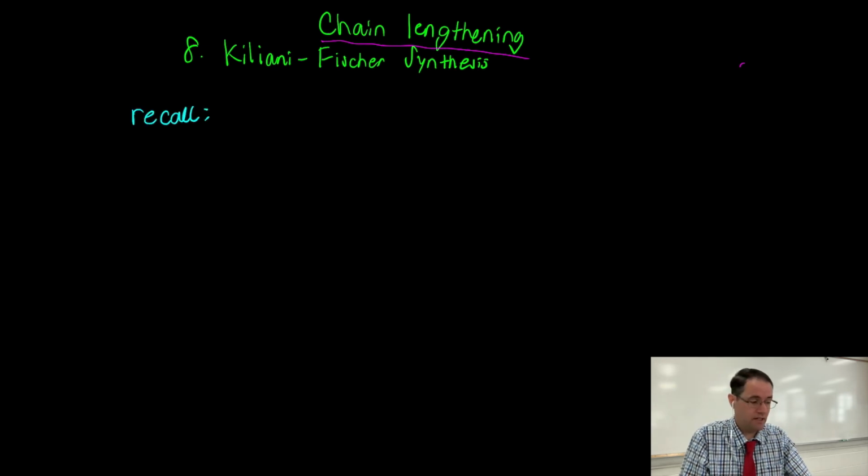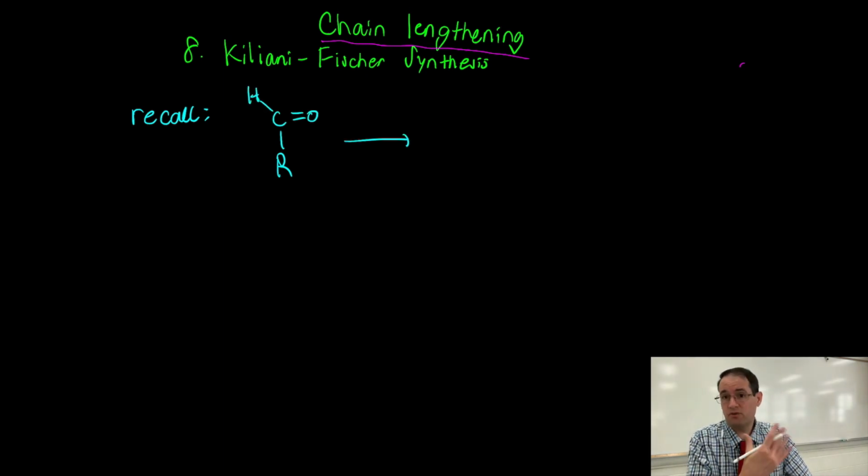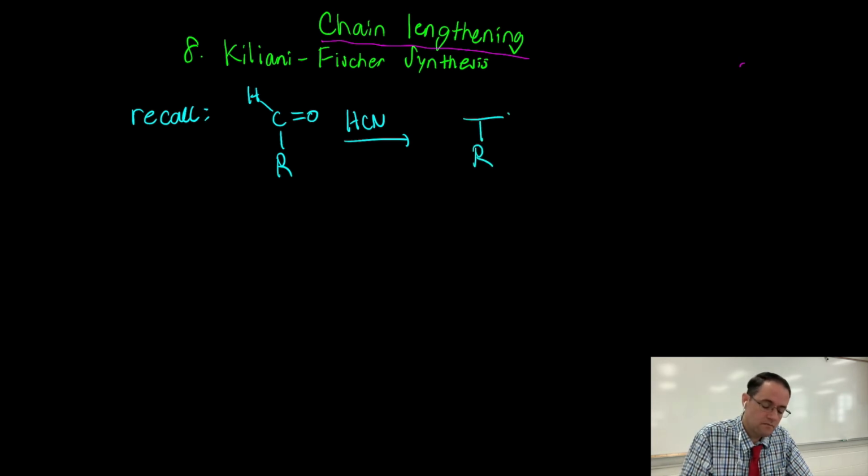Recall that if you have an aldehyde, let's maybe position it like in a sugar. So if you have an aldehyde and you treat this with sodium cyanide with a drop of acetic acid, right? You can make the cyanohydrin.